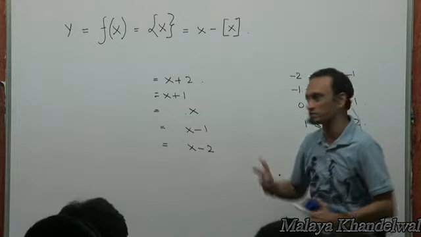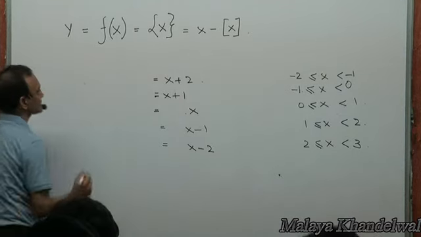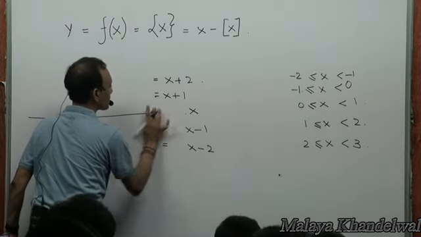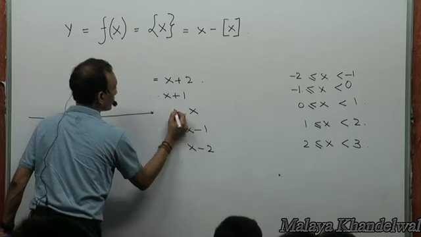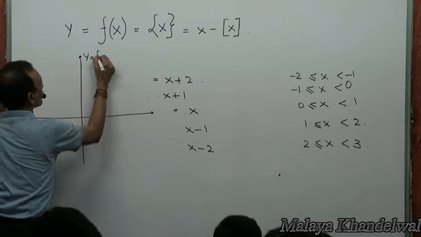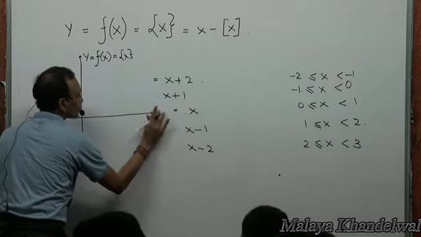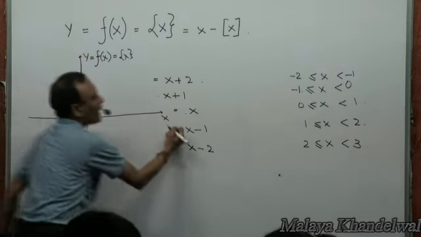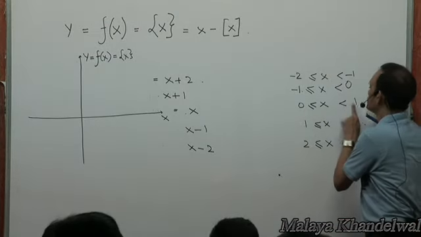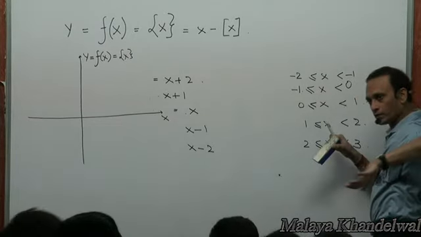Let me aim at drawing the graph of y equal to f(x) equal to the fractional part of x. I break the real number line in intervals of 1 unit: 0 to 1, 1 to 2, 2 to 3, minus 1 to 0, minus 2 to minus 1, and so on and so forth, right?